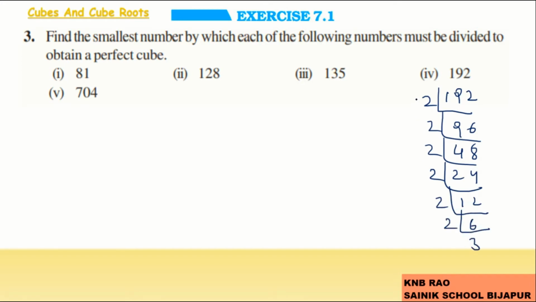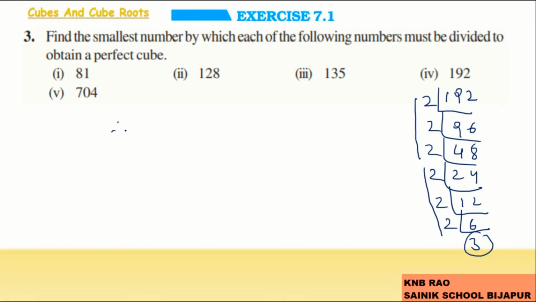So, here I have prime factor 2 being in a group of 3's for 2 times. Therefore, the extra prime factor which we have is 3.